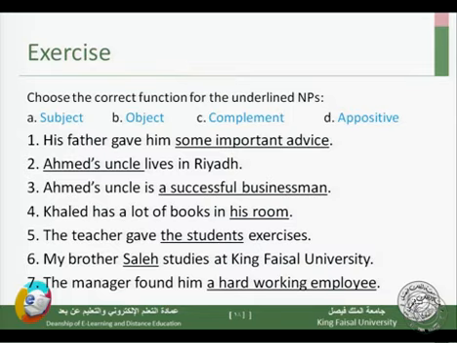The thing that had been given in the past is some important advice. So some important advice is the direct object, and him is the indirect object, which is the person that the advice had been given to. We can rephrase this to say his father gave some important advice to him.